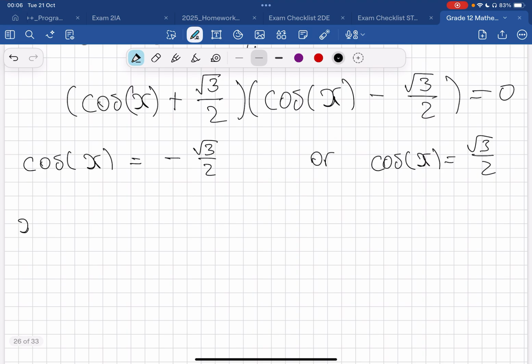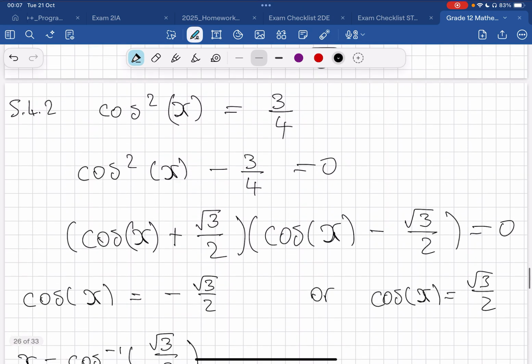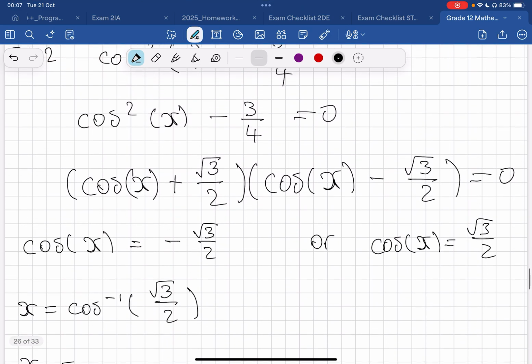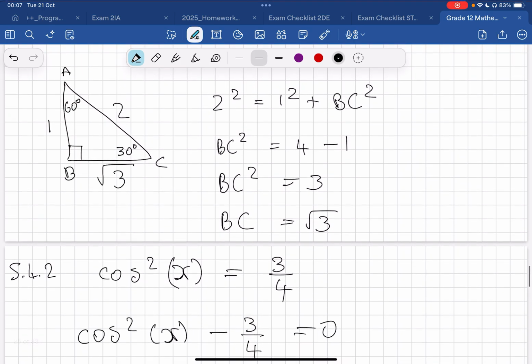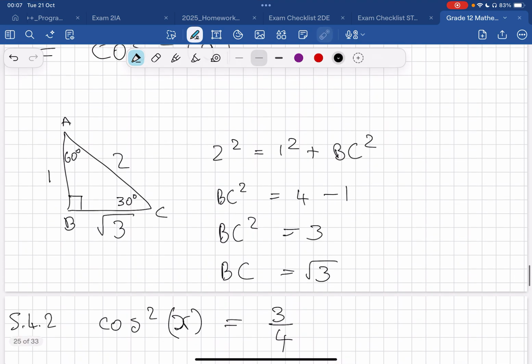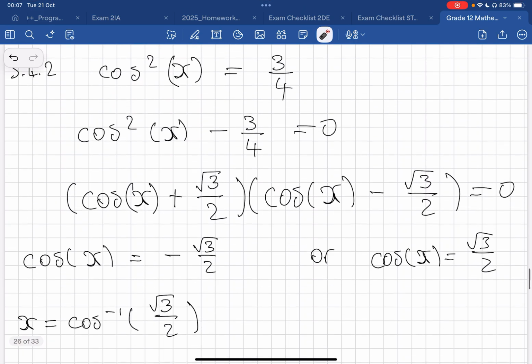Now x is going to be shift cos root 3 over 2. You can do this in your calculator or you can just go to your table, the triangle. If I'm saying I want cos to be √3/2, then you can see from this special triangle that we are working with the angle 30 degrees.